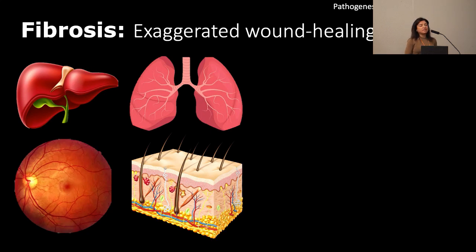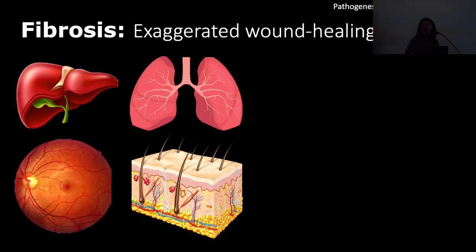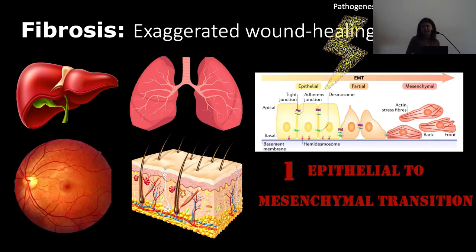So fibrosis is actually an exaggerated wound healing response. And it's not only specific to the retina, but is found very similarly in other organs of the body, such as the liver, the lung, or the skin. And there are two main events that happen. The first one is called epithelial to mesenchymal transition.